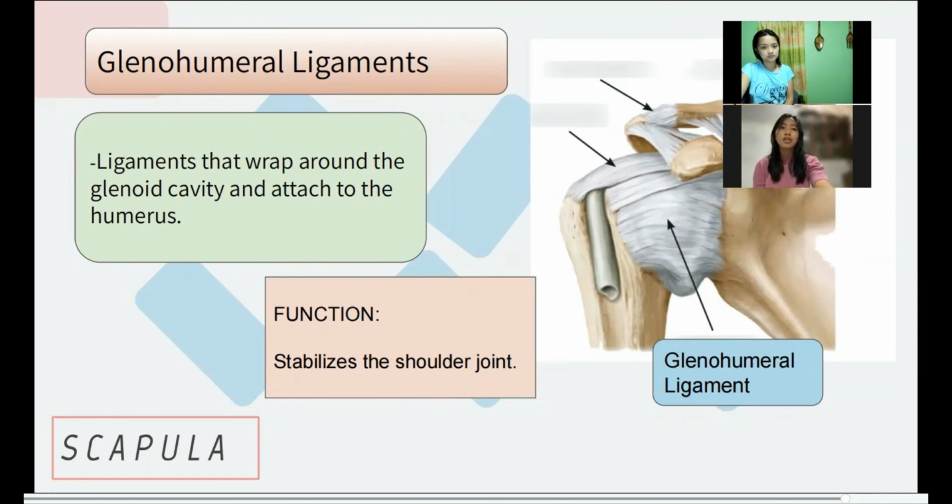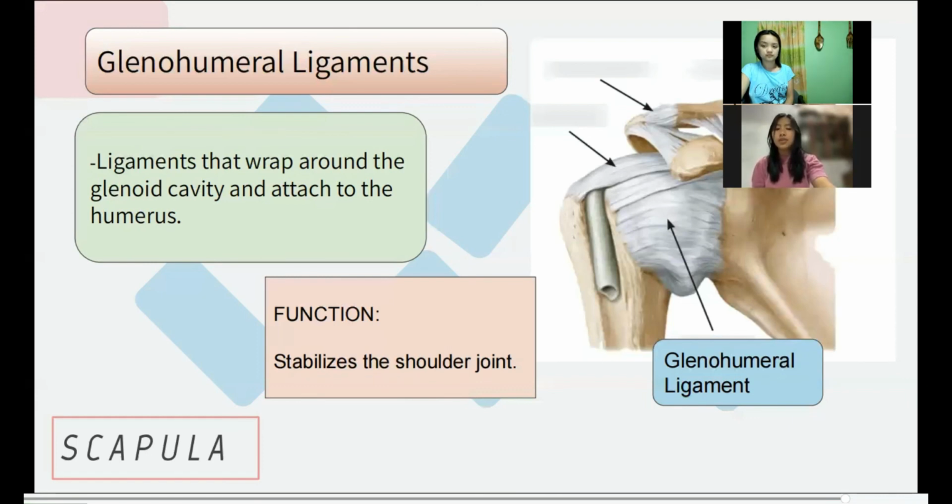Now for our superior, this resists anterior translation of the adducted arm. As for the middle, it resists anterior and posterior translation in the mid-range of arm abduction at 45 degrees and external rotation. And lastly, we have the inferior, which resists anterior to inferior translation in 90 degrees abduction and external rotation.